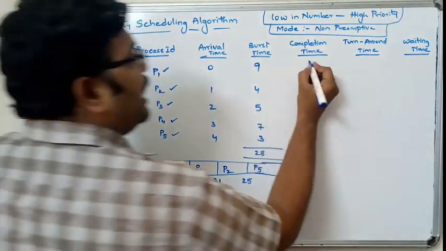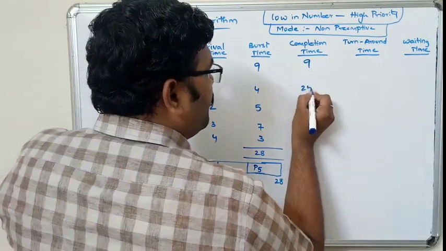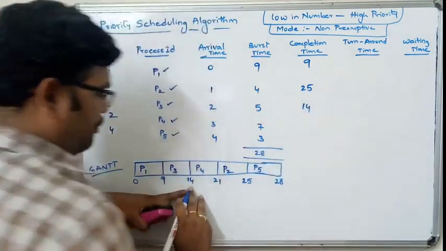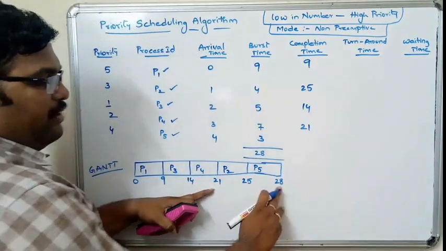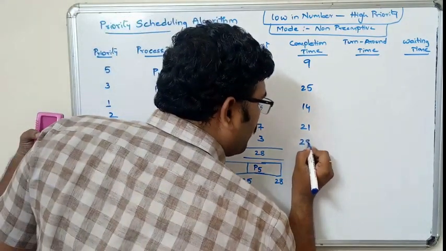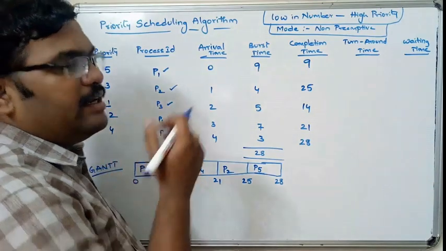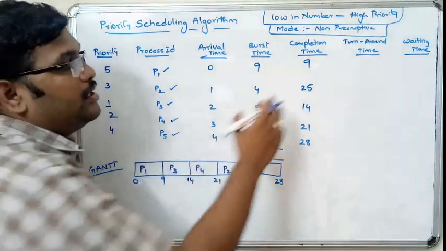Completion time. So P1 completed at 9, P2 completed at 25, P3 completed at 14, P4 completed at 21, P5 completed at 28. Right? Now turnaround time, as I said, is completion time minus arrival time.